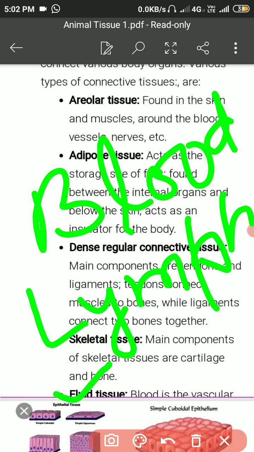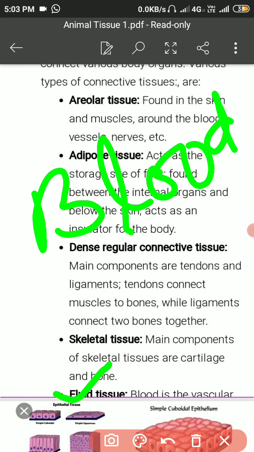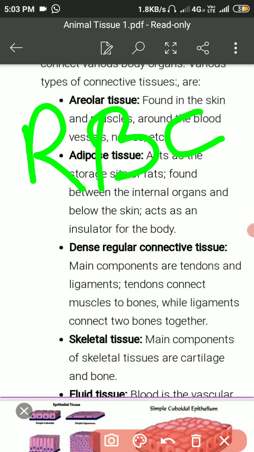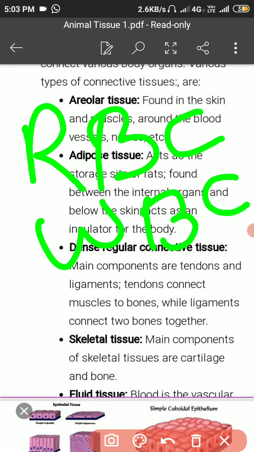Dear student, come to the components of the blood. Blood has RBC, WBC, and platelets.